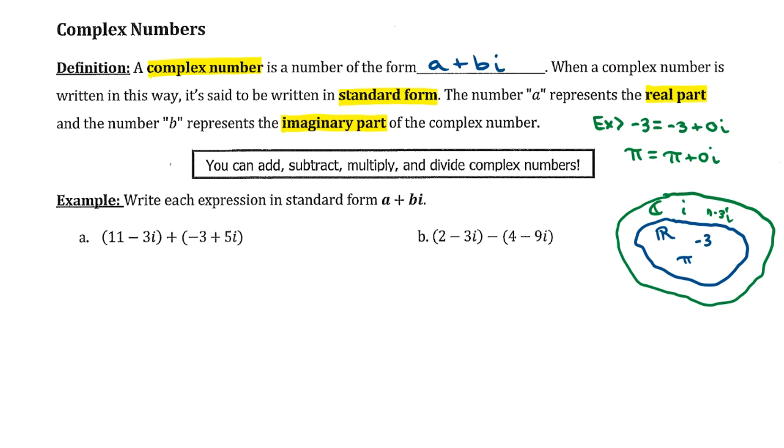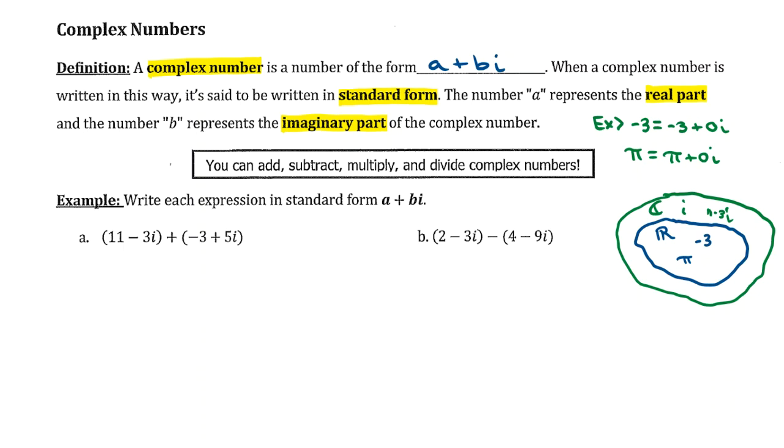All right, so with all that said, we're going to do some operations with complex numbers. As it says in the box here, you can add, subtract, multiply, and divide complex numbers. We have the instructions here: write each expression in the standard form a plus bi. In example part A, we're taking the complex number 11 minus 3i and adding it to the complex number -3 plus 5i. Imagine how you would go about doing this if the i's were x's.